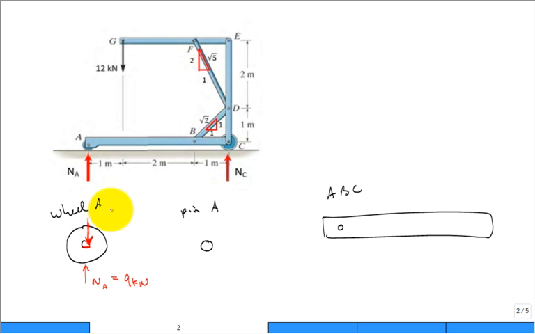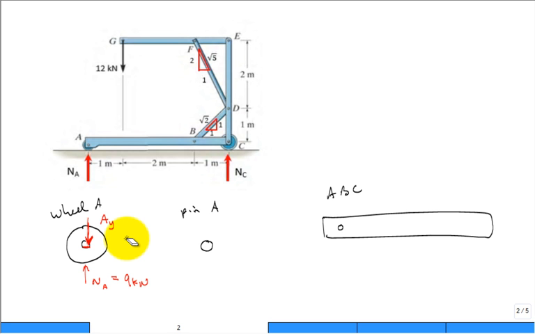That'll be some, let's say, how do I describe that? Let's say the pin, I'm going to say the AY due to that pin. I'll just leave it AY of the pin.